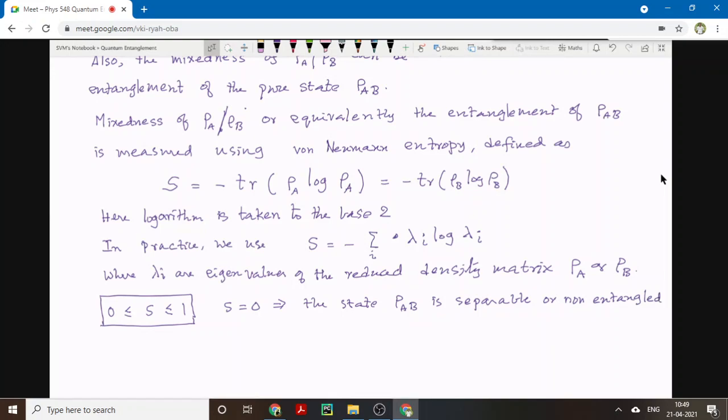And S greater than 0 implies the state rho AB is entangled or non-separable.